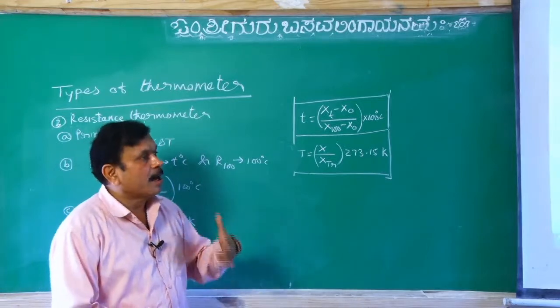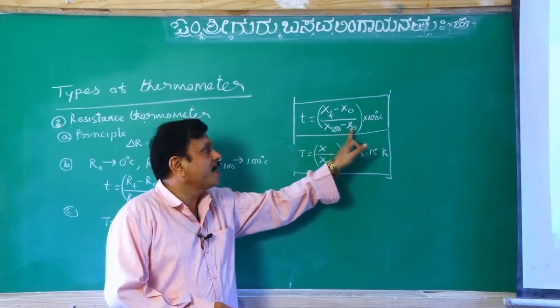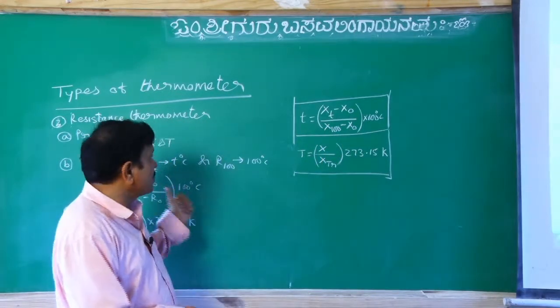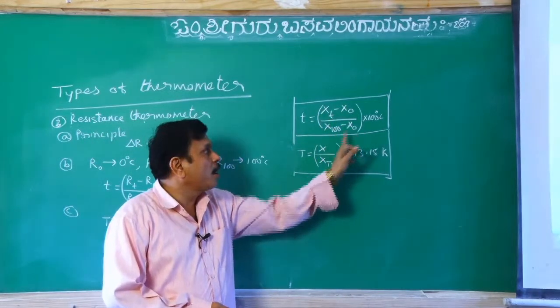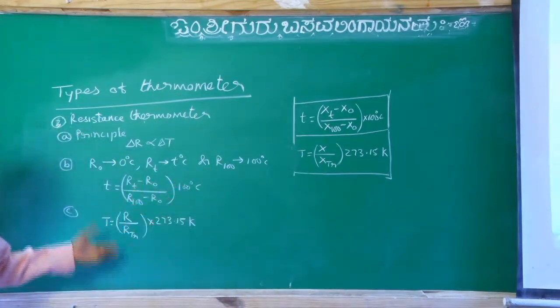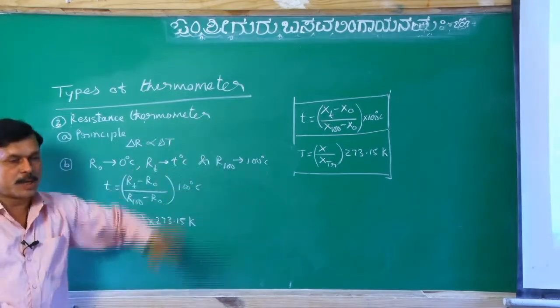For constant volume, we get Pt minus P0 by P100 minus P0, and here P by PTR can be written. And for resistance, RT minus R0 by R100 minus R0, and here R by RTR. So that way we can go to different scales using only two formulas.